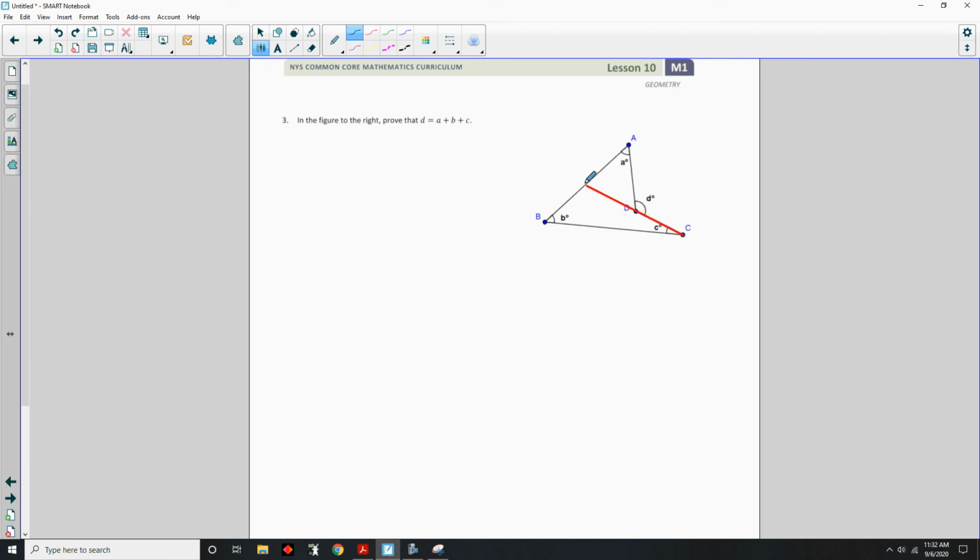So we can label this. If we have A, B, C, D, how about this is point E right here, and therefore this is angle E degrees, right here. Now we have a triangle.